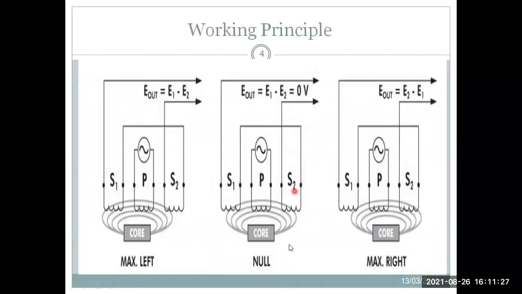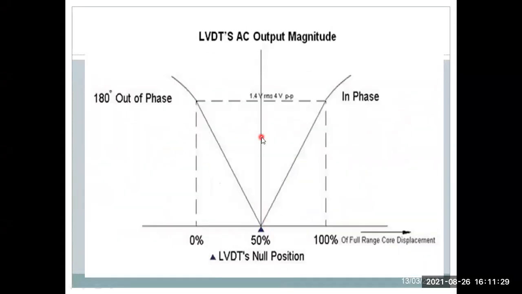Look, in this position we can get it. If we plot a graph of position, then we get some linearity.